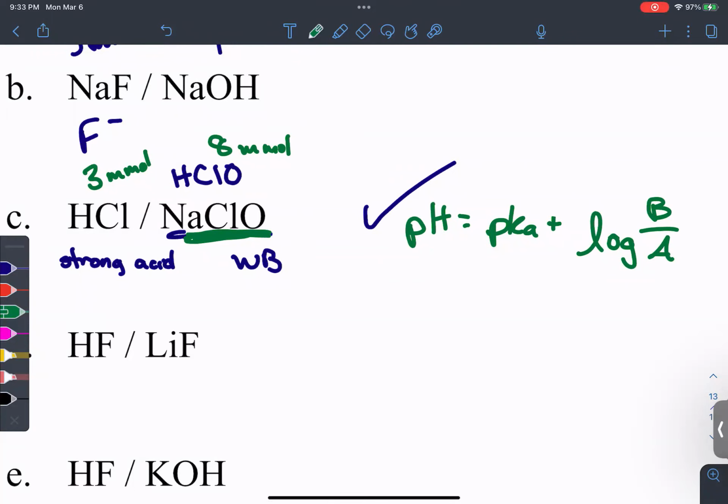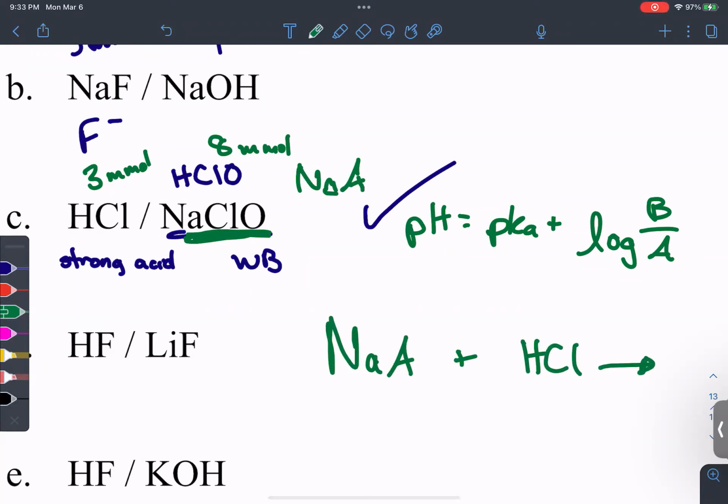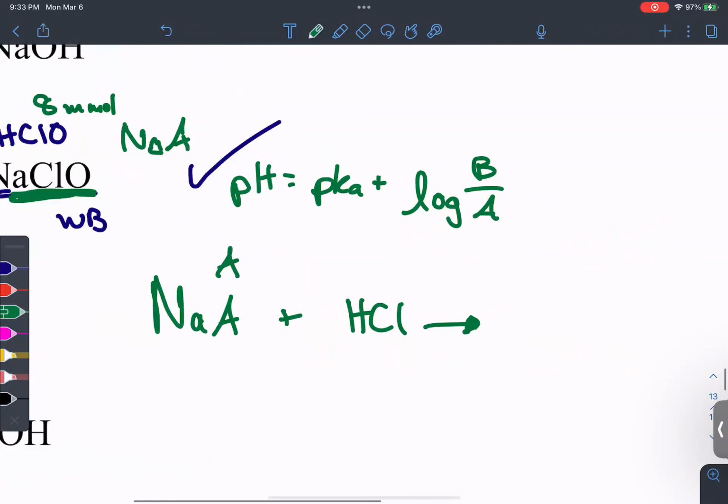I'm just going to call NaClO, NaA because I'm lazy. So when I have NaA and I add HCl, I'm neutralizing A minus. When I neutralize A minus, I'm essentially making HA plus, what else do I get? Sodium chloride. So let's remember our BCA tables.